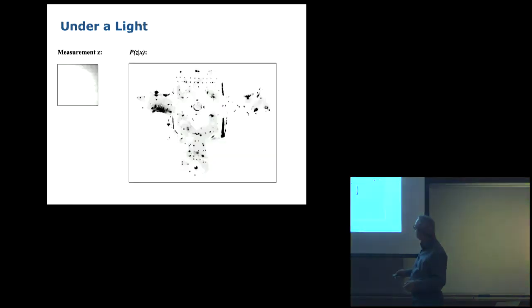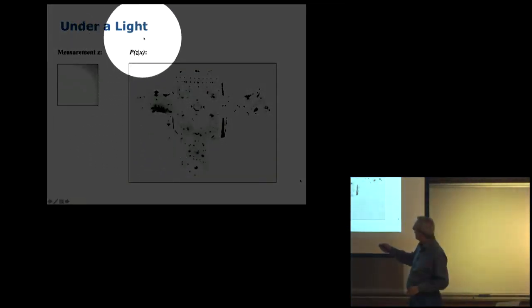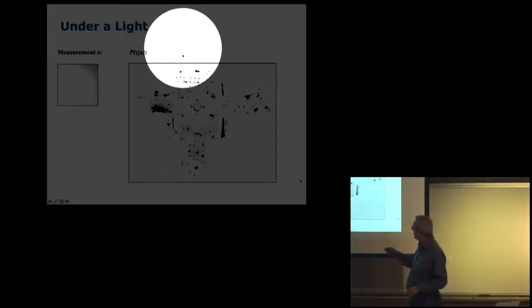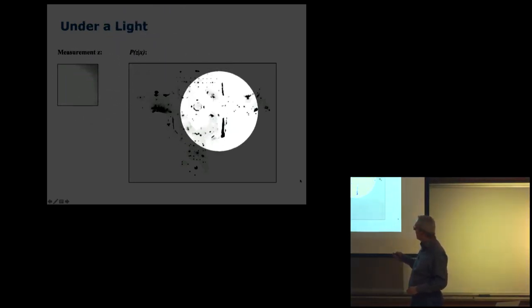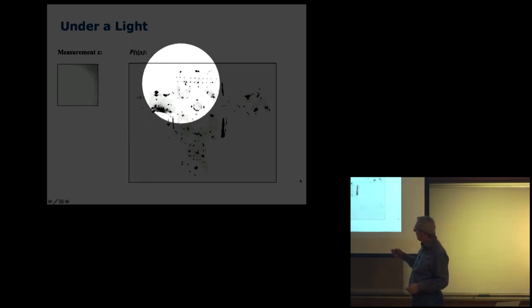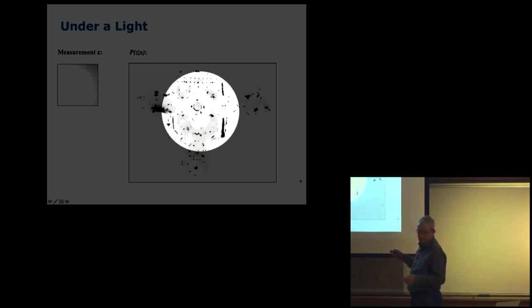And once you do this, and I hope this video runs, there are a couple of measurements that are actually interesting. If this is your center image, then maybe it's 20 by 20 pixels or so. And then you can actually calculate P of Z given X, given that mosaic. So for example, when you're under a light, and there where the lights are, it's dark, that means high probability. And when it's dark, it's a low probability.